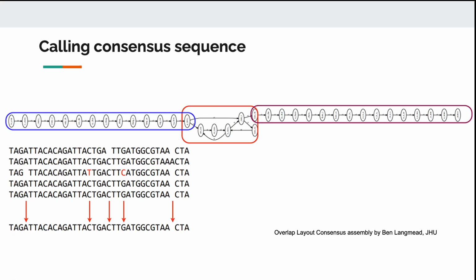And then we can do what we already learned from long-read sequencing data. We can take all the reads that map to each linear region and then call the consensus sequence, the majority one, to get the actual genomic sequence. So this part is not new.